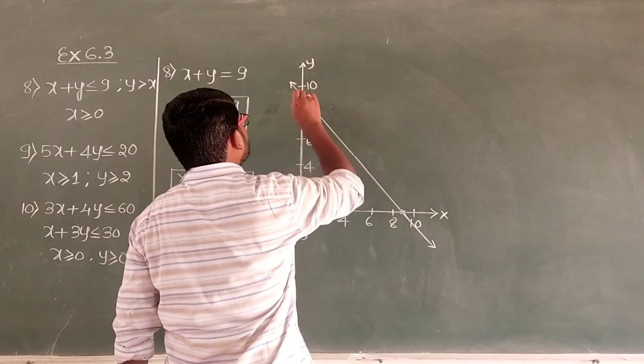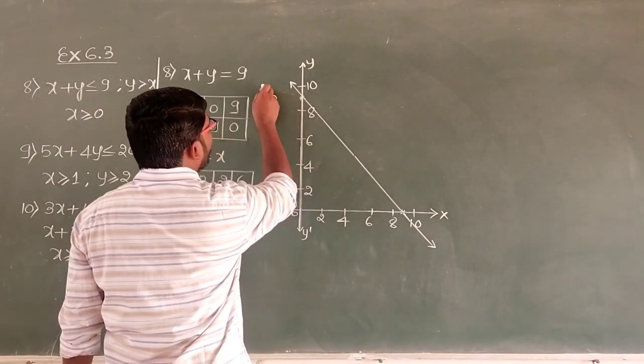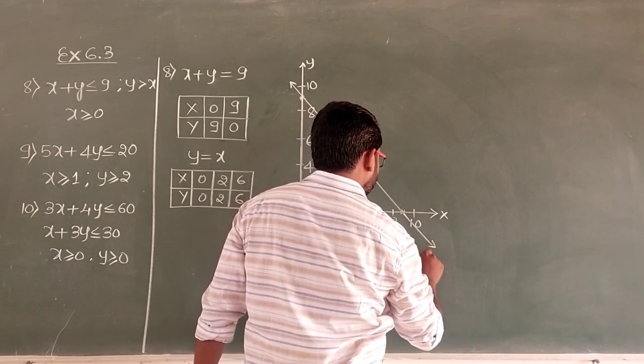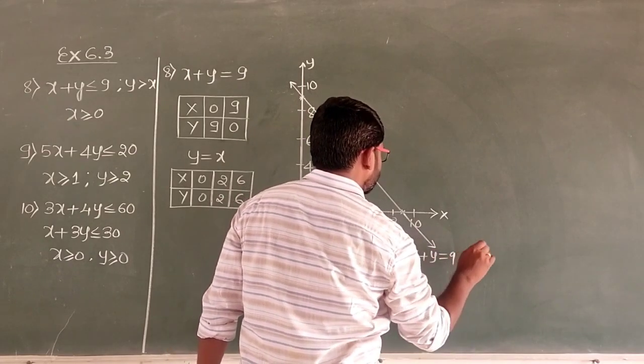On both sides we need to put the arrow mark and write the equation, x plus y equals 9.